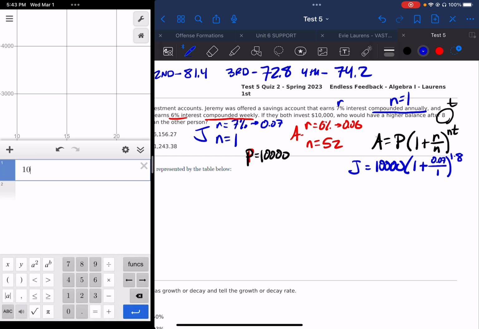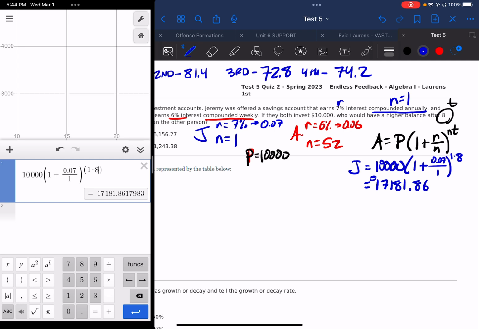And we type that into Desmos or into our calculator, 10,000, and then in parentheses, 1 plus 0.07 over 1. And then that whole thing has to be raised to the power of 1 times 8. So Jeremy would make $17,181.86. That's how much he'd have in the bank after 8 years.